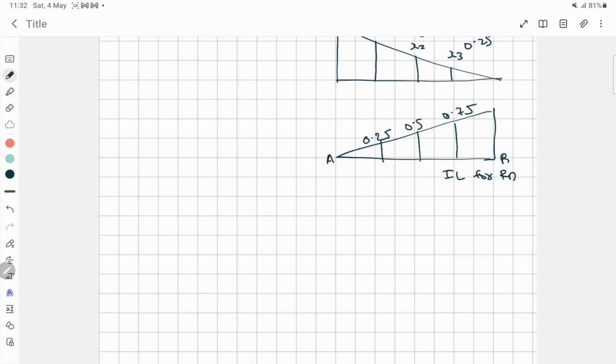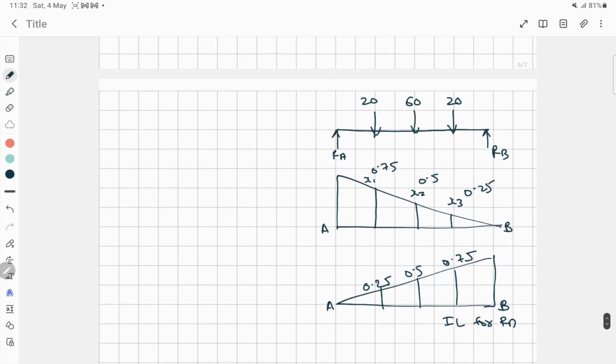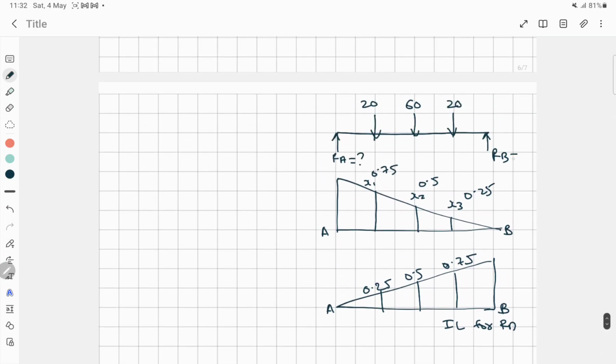This point is A and this point is B. Now to find the reaction, we have to find the RA and RB values here. So to find the reaction in case of the influence line diagram, we have to multiply this load with these corresponding ordinates.